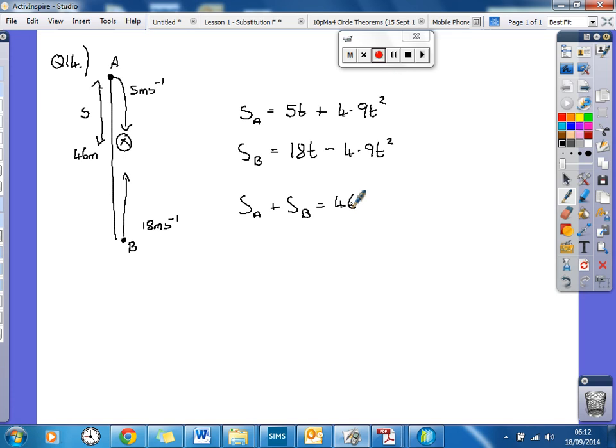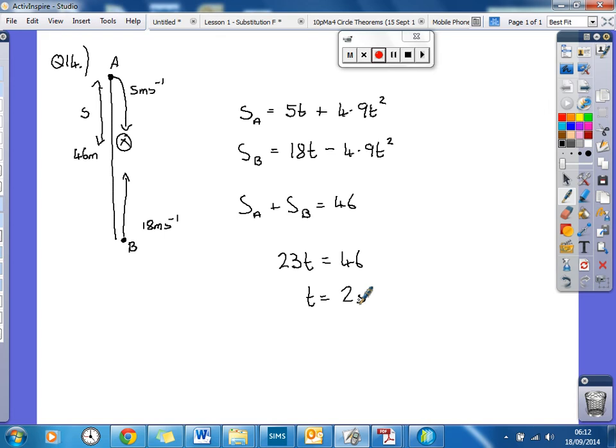And that's the final bit of information we need to know. So if I add these two together and equal it to 46, I'll get an equation, and you'll also notice that the 4.9t squared will handily disappear. Anyway, when we add them together, we simply end up with 23t is equal to 46, which gives a nice answer that they collide after 2 seconds.